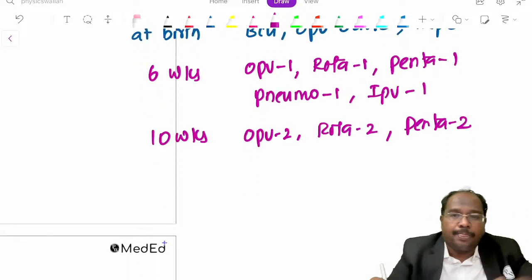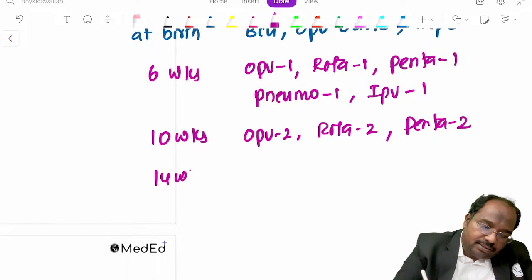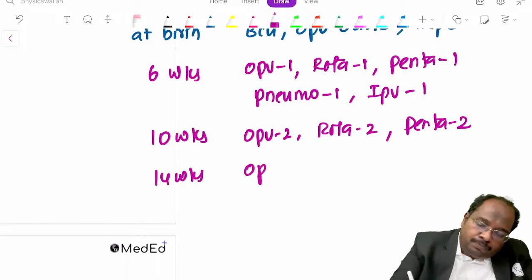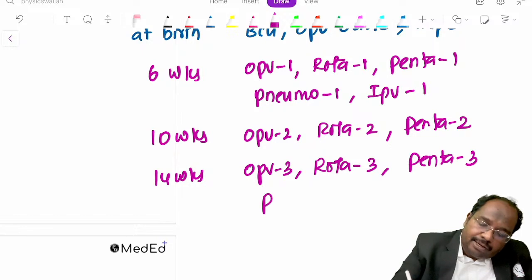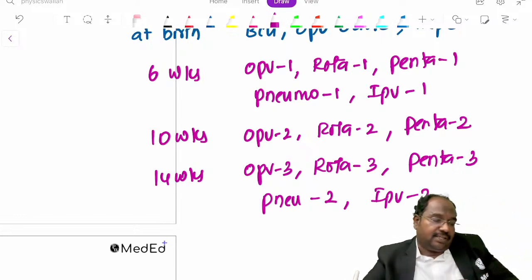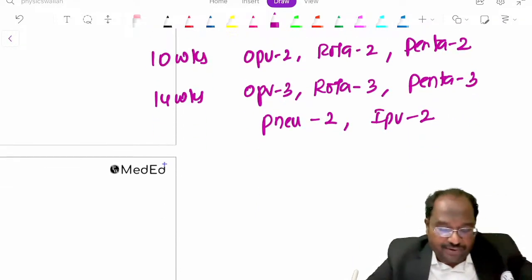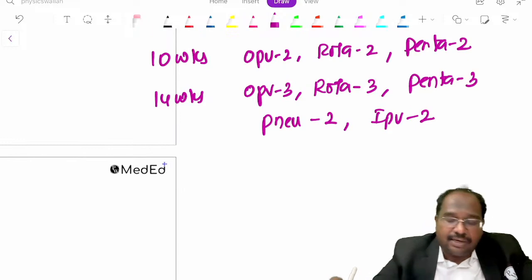At 14 weeks, OPV 3, Rota 3, Penta 3, pneumococcal 2, IPV 2. So 6, 10, 14 weeks.